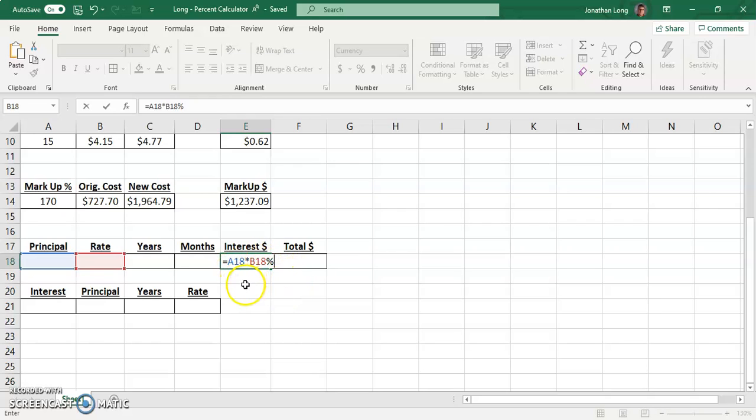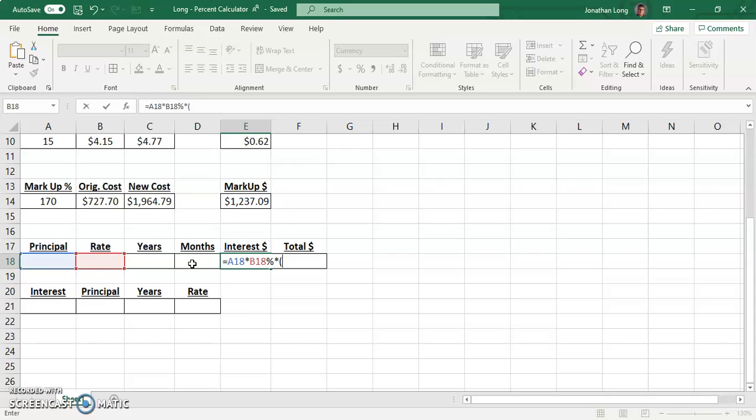Now we're going to set this up so no matter what number I fill in, years or months, it will be able to calculate it. So here's what we're going to do. I am going to multiply by, and I'm going to put a parenthesis, shift 9. I'm going to multiply by whatever number's in this box, and I'm going to add that to whatever number's in this box.